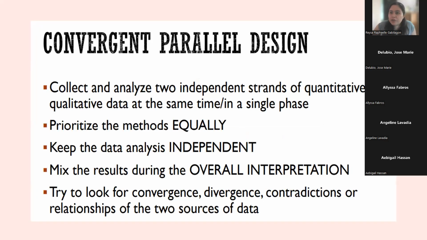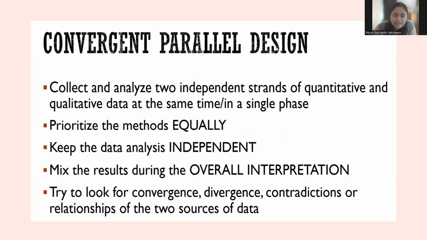But if you are asked to do a mixed method research and it's convergent parallel design, ganito yung gagawin. You will collect both linguistic and numerical data at the same time. Meaning in a single phase sa research. I-collect mo, example, nagpasagot ka ng questionnaire tapos mag-i-interview ka kaagad.